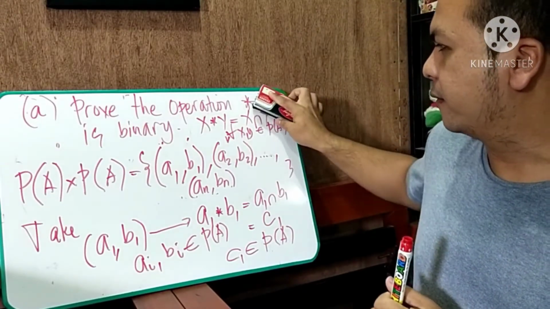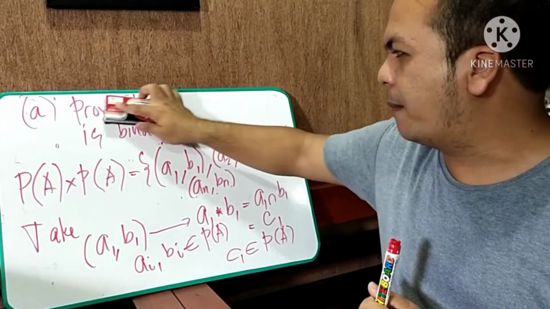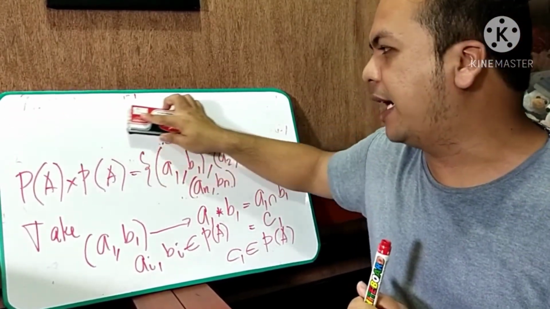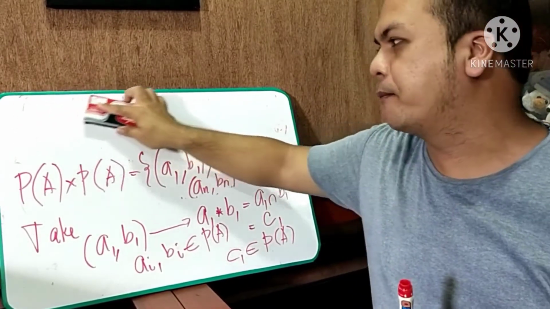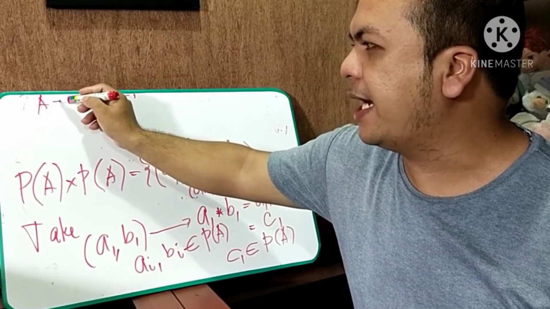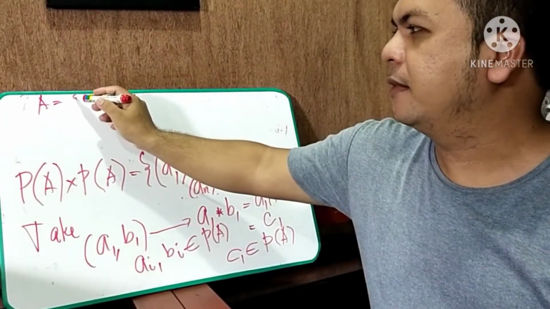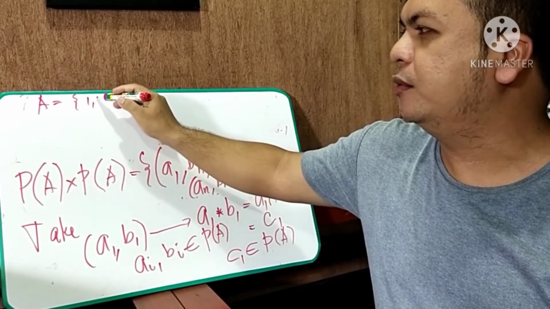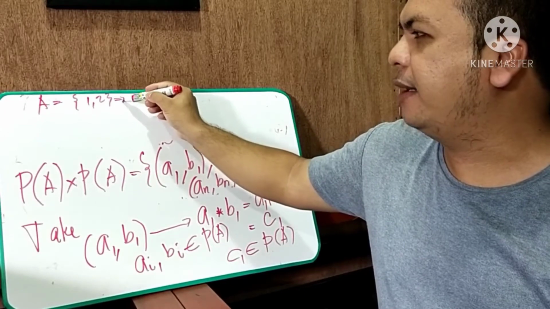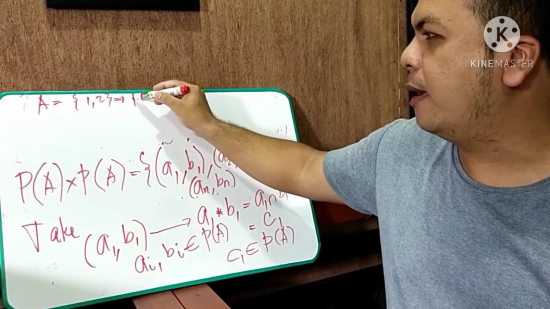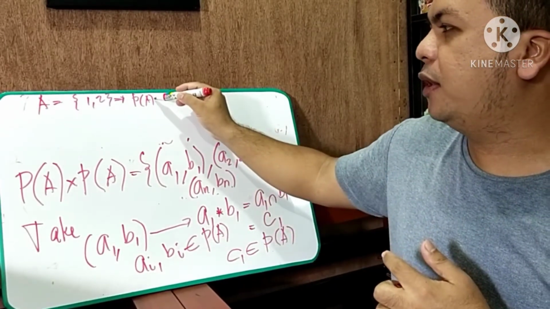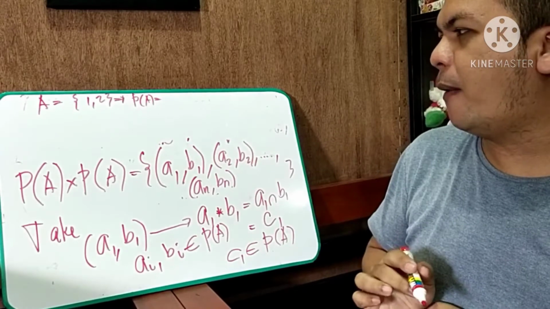For example, magbigay tayo ng concrete example kasi napaka-imaginative nitong idea nito. Very abstract kasi siya. So, for example, meron tayong set A na meron siyang elements na 1, 2. Okay? So, ibig sabihin na kapag kinuha natin yung power set nitong set na to, ano yung power set niya?